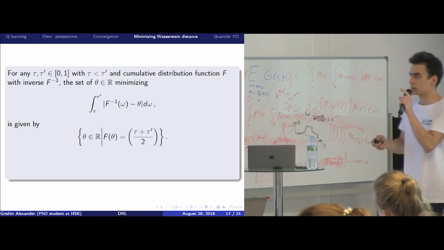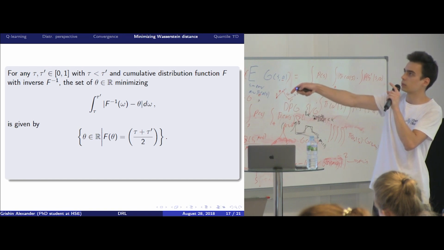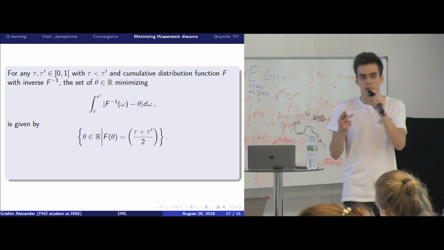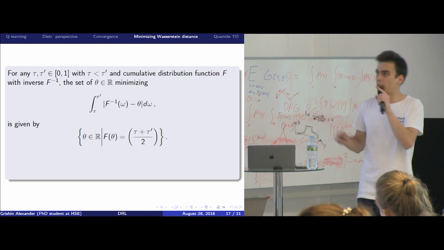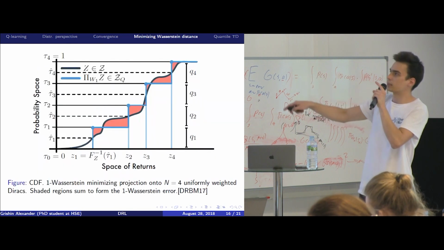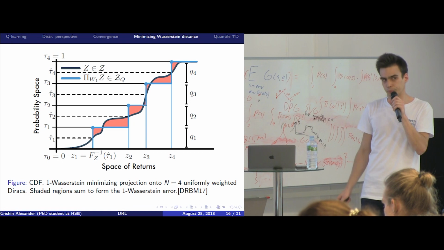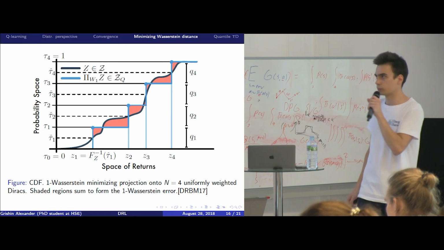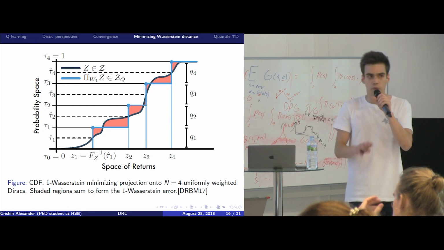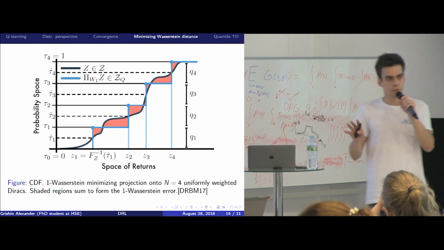Right, from this fact it follows that the minimization is the half sum of the quantiles. And from this fact follows the construction of the projection. This is not a full formal proof, just a sketch.